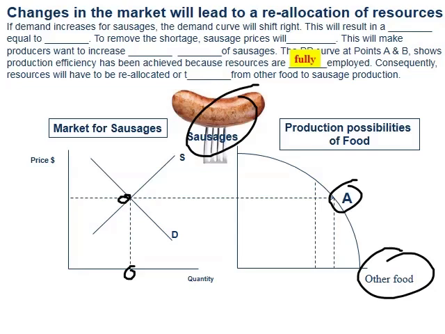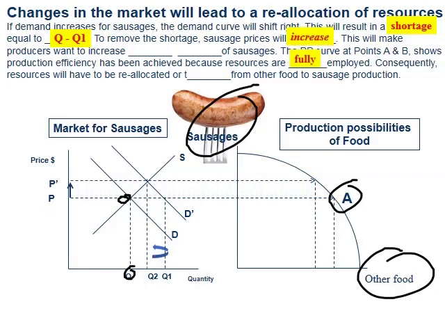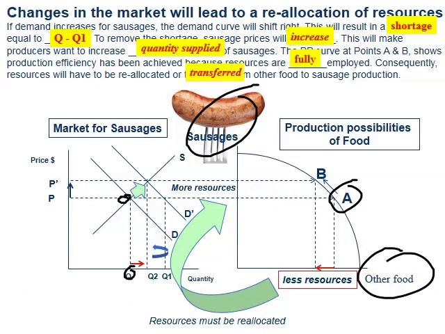Now, if demand increased for sausages, the demand curve will shift right, and this will result in a shortage equal to Q1 minus Q. To remove the shortage, the sausage price must increase, and this will make producers want to increase quantity supplied.